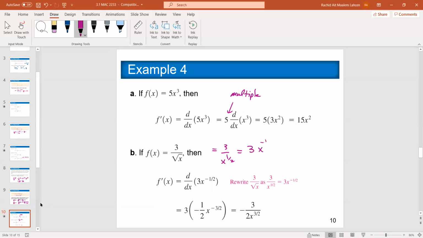So then you bring it here and it becomes a negative exponent. Then you do the derivative, which means the 3 is a multiple. It sits outside. Then you take the derivative of the inside using the power rule, and it gives you this answer. So here you do negative 3/2 minus 1, and you get that.